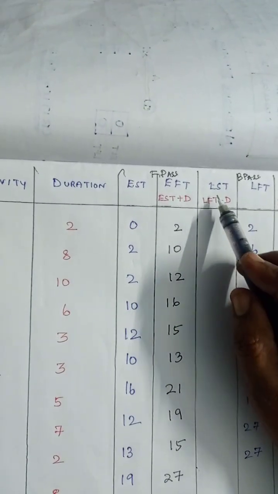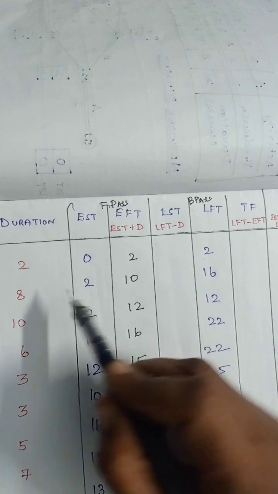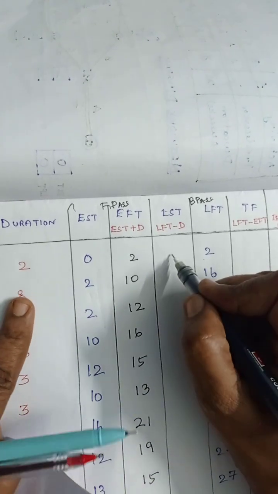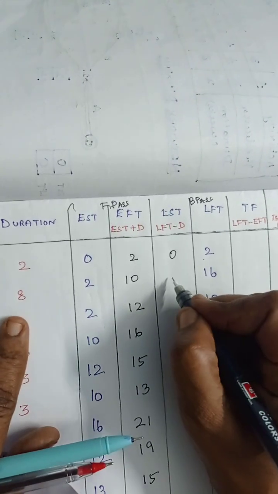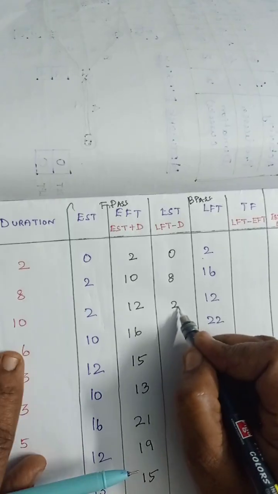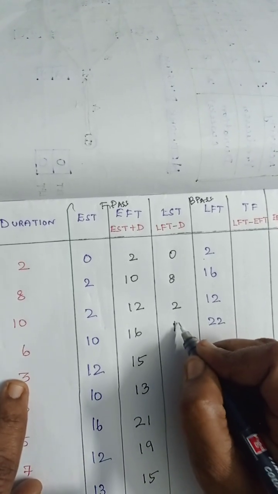This is LST. LST is LFT minus duration. So LFT is this, minus duration is 2. 2 minus 2 is 0. Then 16 minus 8 is 8. 12 minus 10 is 2. 22 minus 6 is 16.